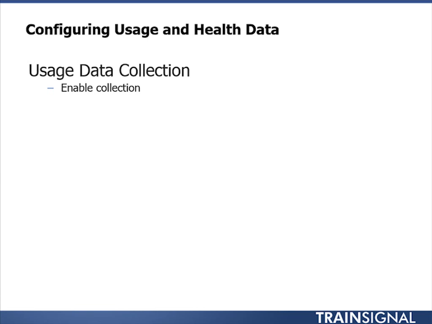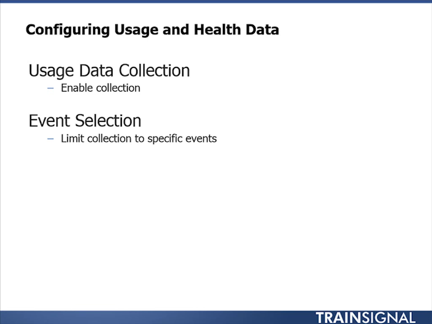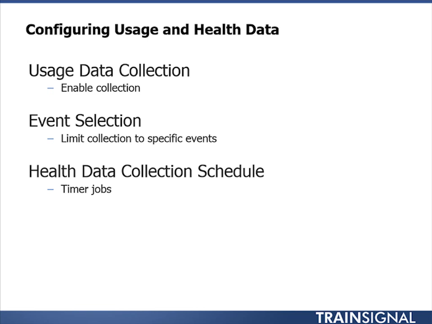Now, regardless of where you're going to get your reports from, you do need to enable this. So what we're going to do is go back into our monitoring, go into configure our usage and health data collection, enable it, and then we'll be able to choose the different events that we actually want to monitor and set up our timer jobs as well by going into the timer jobs scheduling.